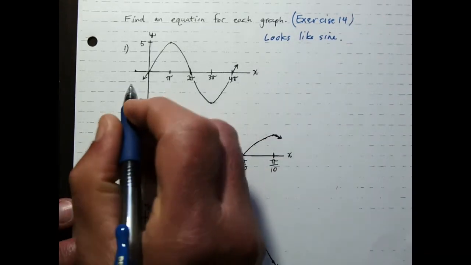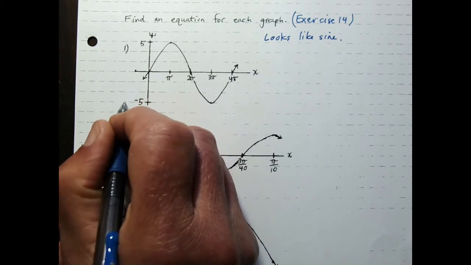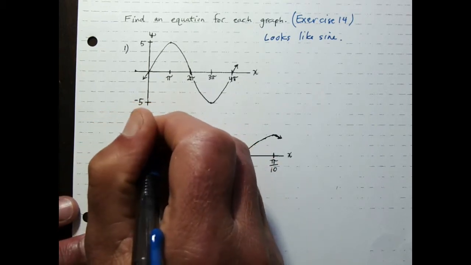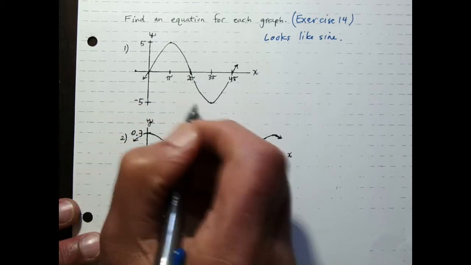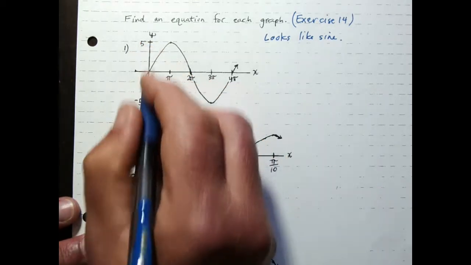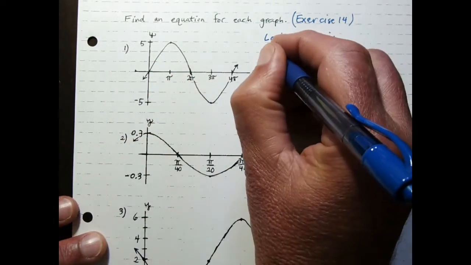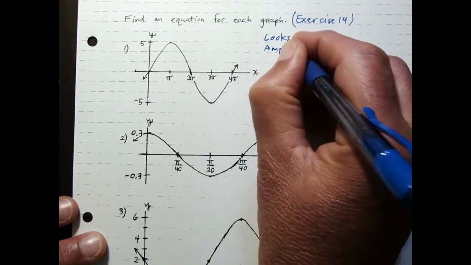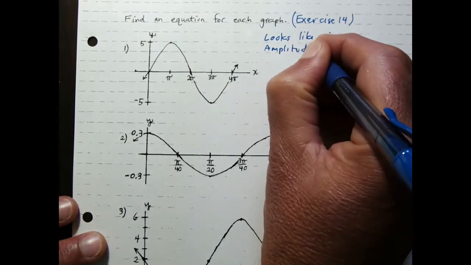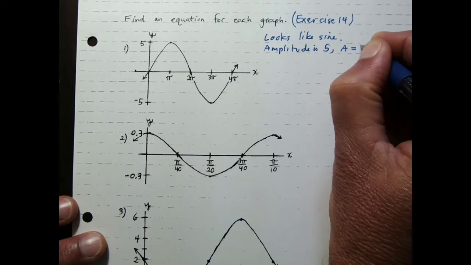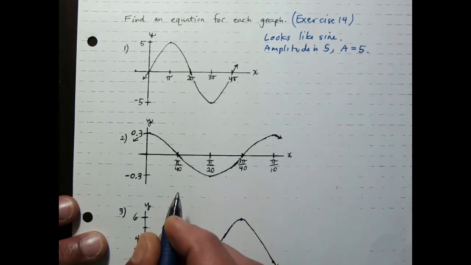And now we want to try to identify those constants a, b, c, d if they're involved in the equation for the graph. So here it's not too hard to see the 5 and negative 5, that the amplitude is 5. We can set our a constant equal to 5 here.